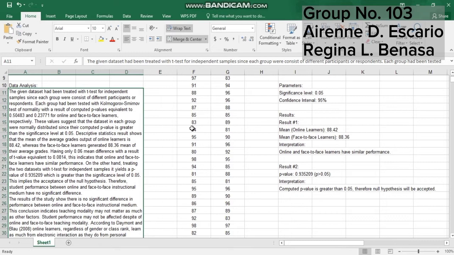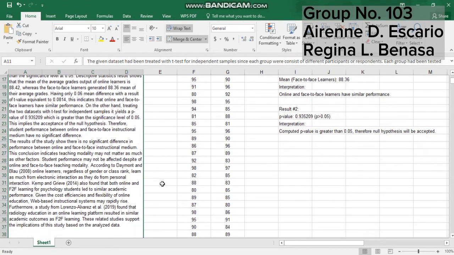On the other hand, treating the two datasets with t-test for independent samples yields a p-value of 0.935209, which is greater than the significance level of 0.05. This implies the acceptance of the null hypothesis. Therefore, student performance between online and face-to-face instructional medium has no significant difference.